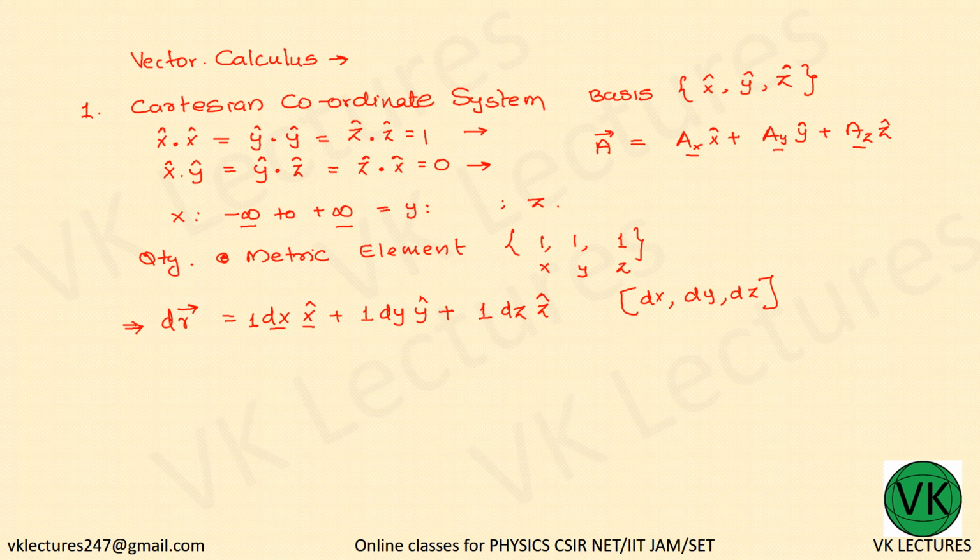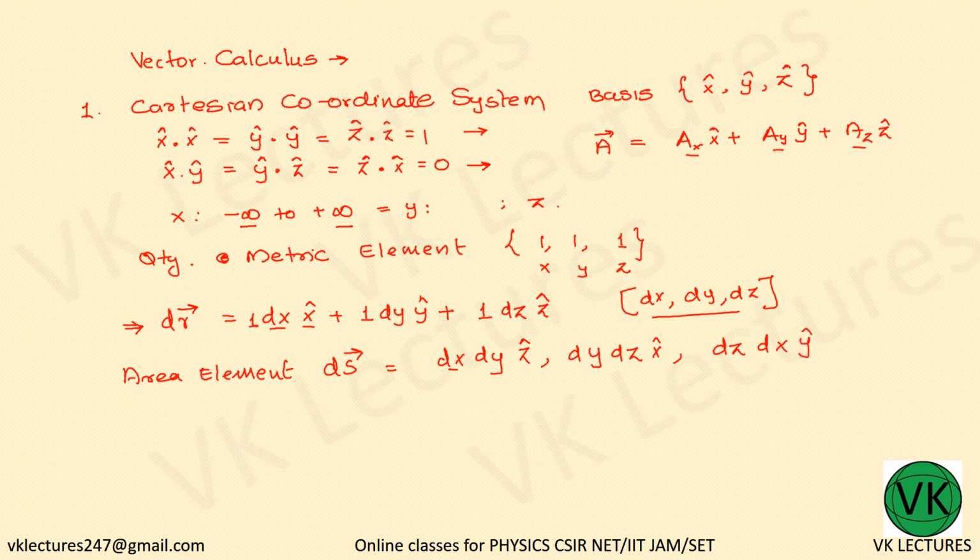The area element, this is the length element that we have given. The area element, that means the small area ds vector, is equal to: first one dx dy, which will be in the direction of z cap; dy dz will be in the direction of x cap; and dz dx will be in the direction of y cap.